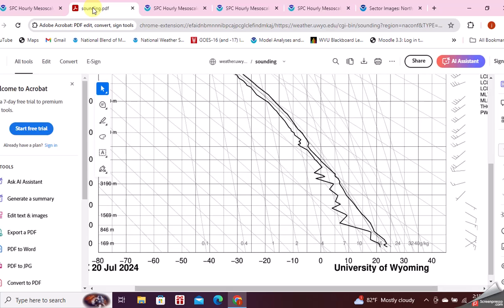So I look at the morning sounding. I wanted to look at that because this is a sounding for Wallops, Virginia. Very, very moist. Tremendous amount of moisture. There's a little bit of dry air up here, around 850 millibars or so, but not a lot. And you'll notice the winds out of the east-southeast here, and from the southwest here.